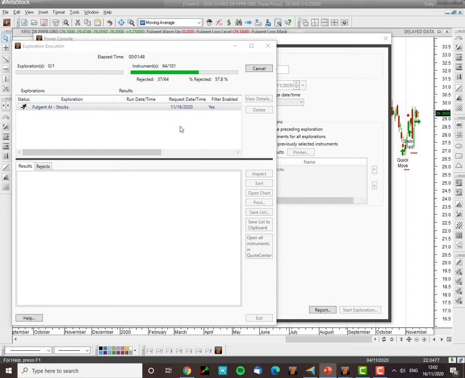This might take a while, but it's pretty fast considering that the artificial intelligence is looking at these four AI rules, and they are derived from hundreds and hundreds of thousands of different combinations where the AI was testing different settings from technical analysis, to see how they impact the performance of a particular strategy.